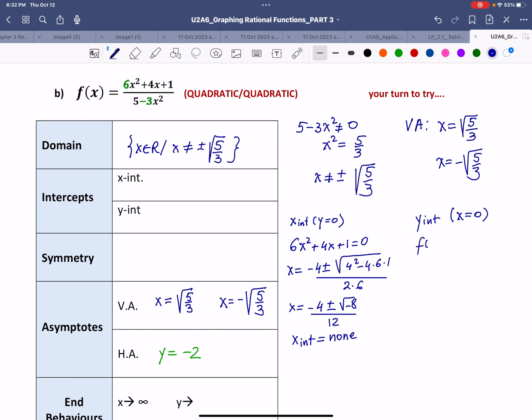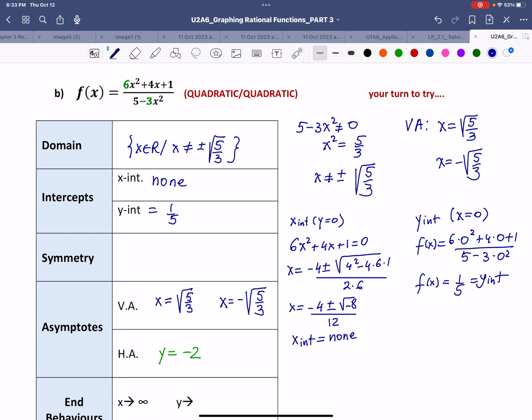So practically, you substitute x by 0: 4 times 0 plus 1, divided by 5 minus 3 times 0 squared. That gives the y-intercept at 1 over positive 5, so 1 over 5. So y-intercept, everyone, here we go: 1 over 5. And there are no x-intercepts, we said, so we're going to make sure that it's in there.